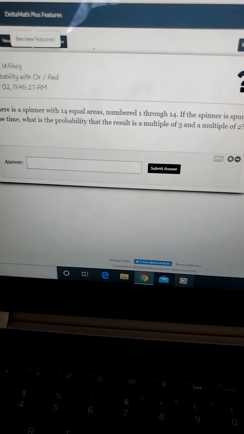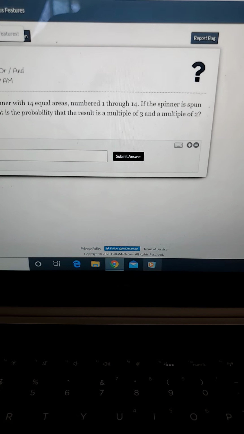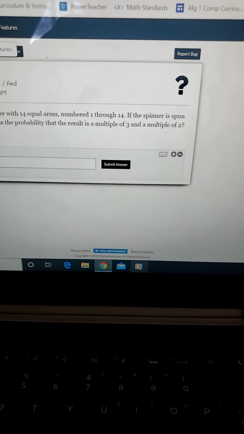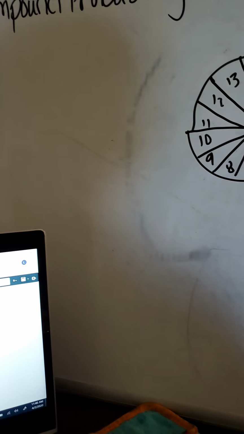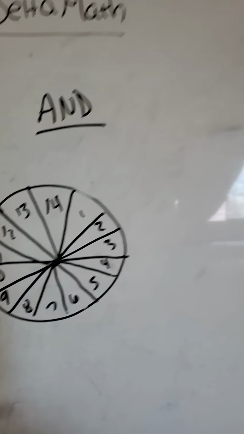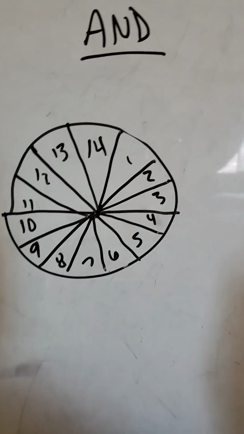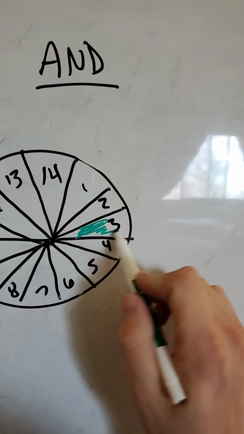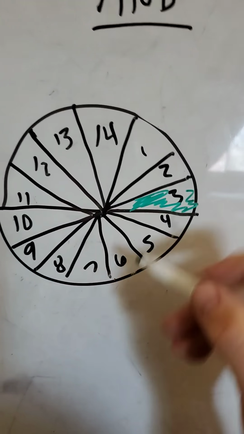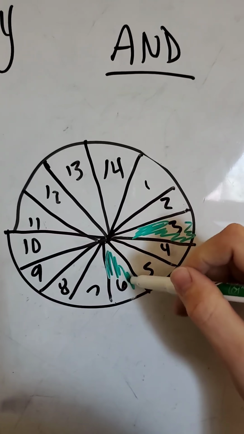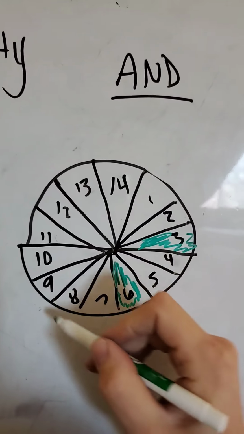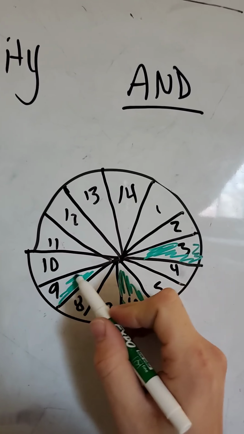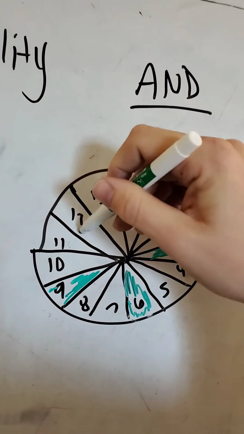Okay, it says, if the spinner is spun one time, what is the probability that the result is a multiple of 3 and a multiple of 2? So let's go through with a different color marker and just kind of color in the things that are a multiple of 3. So that's 3, 6, 9, 12.